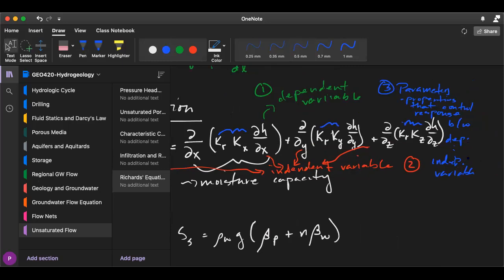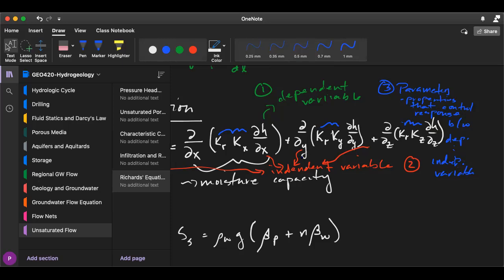Basically what this says, in more simple terms, is that the way in which head varies as a function of space and time depends upon the hydraulic conductivity and the storage coefficients, right? So that's sort of the anatomy of a partial differential equation.